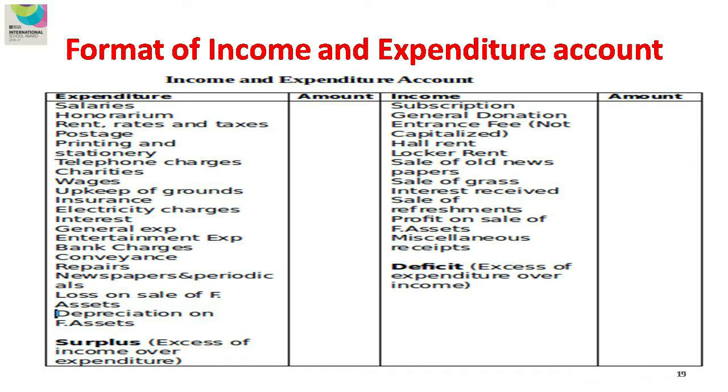In the credit side, that is the income side: subscription, general donation, entrance fees not capitalized, and then hall rent, locker rent, sale of old newspapers, sale of grass, then interest received, sale of refreshment, profit on sale of fixed assets, miscellaneous receipts, and then deficit, that is the balancing figure.